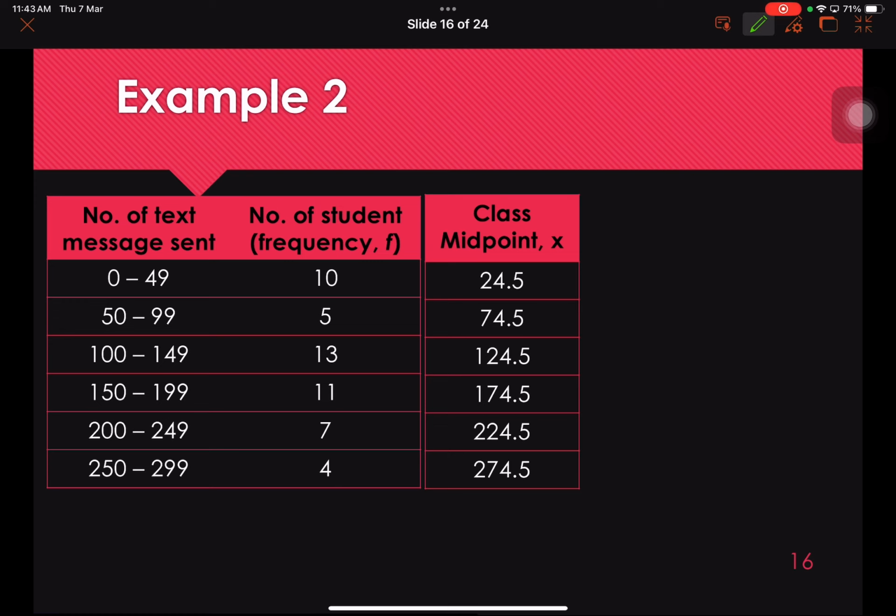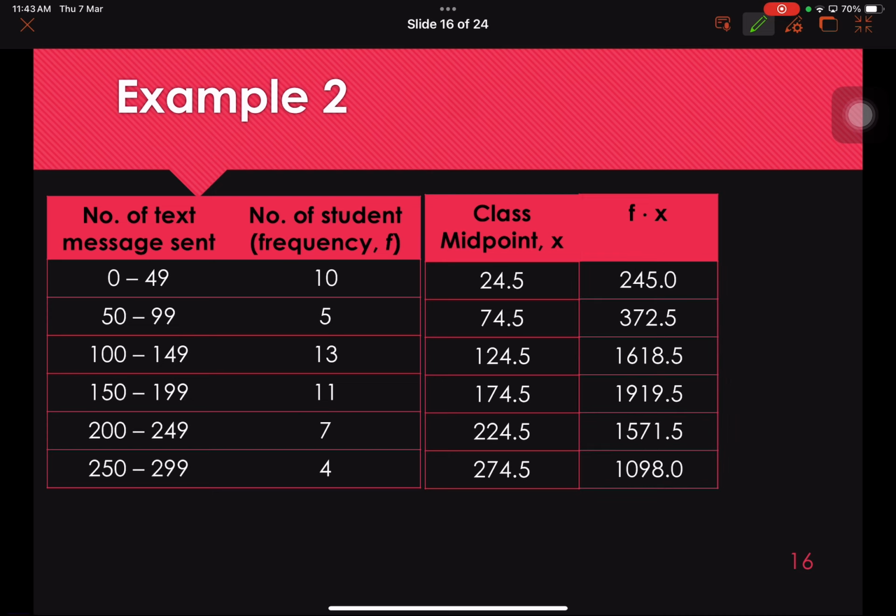Okay. So first one, midpoint. Agree, midpoint? Yes. Look here guys. Don't check your answers. And fx is this one. How do we get this one? You multiply by 10. So we have 2 for 5 and do for all. Okay.